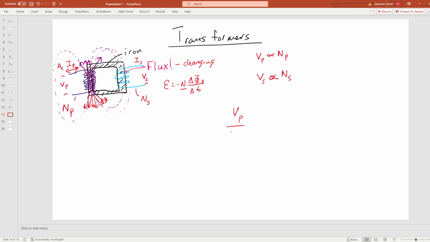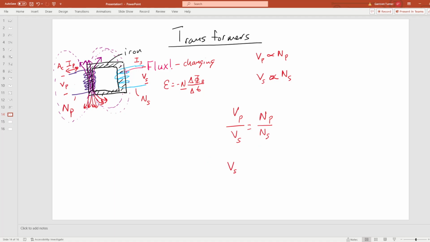The voltage of your primary to the voltage of your secondary is going to be equal to the ratio of the number of turns in your primary to the number of turns in your secondary. Okay, so what this means is that we can calculate the potential in the secondary coil by solving this ratio.